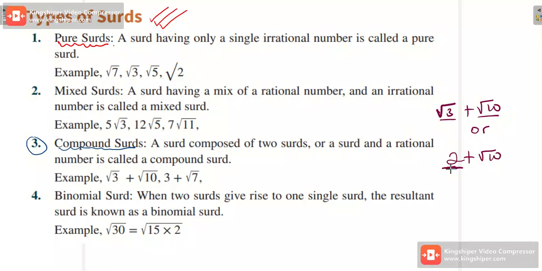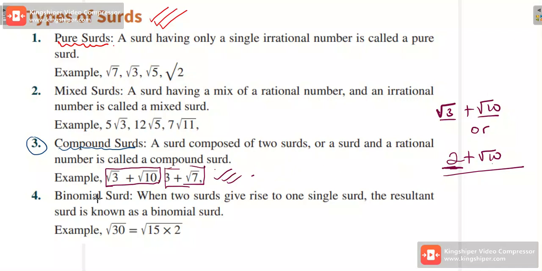When you combine rational and irrational, it is still a compound set. So these are some examples: two sets combined, or one natural number and one set. So you can write 5 more compound sets and add them to it.